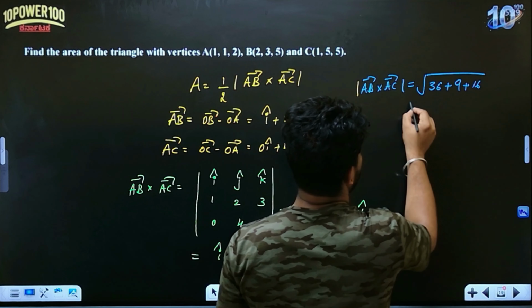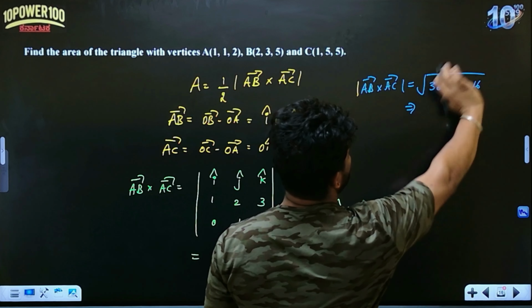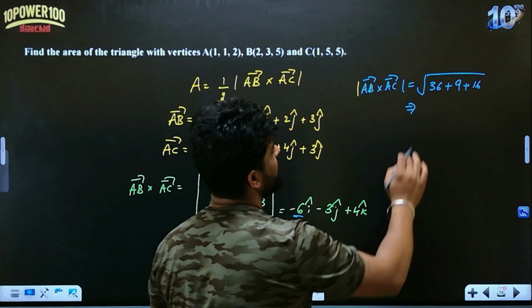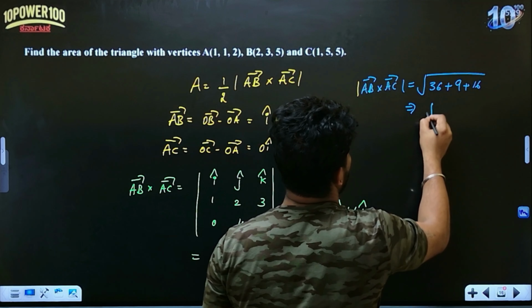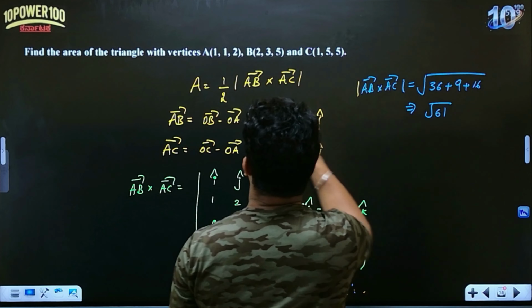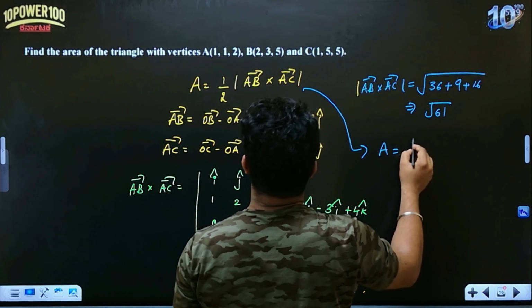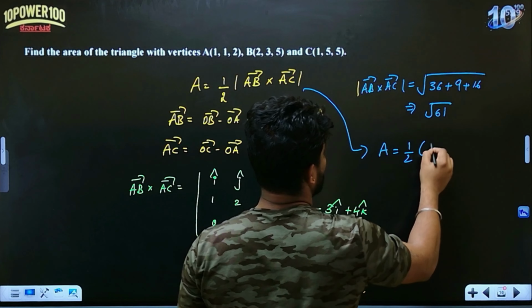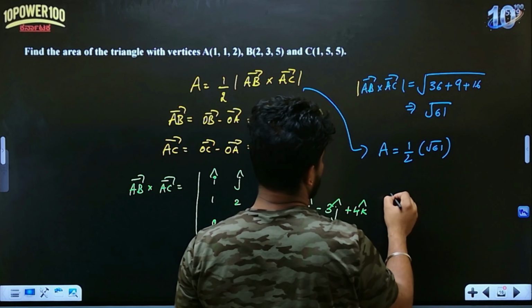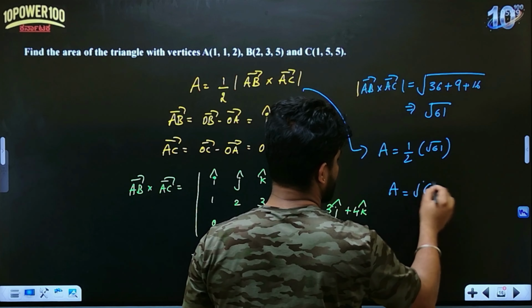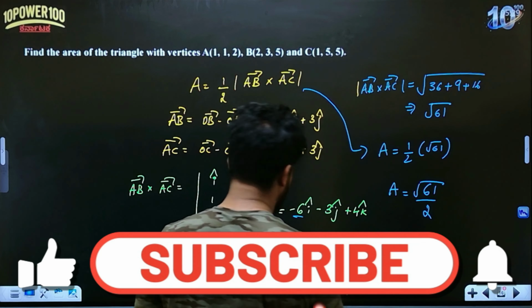So 36 plus 9 is 45, 45 plus 16 is 61. So 61. The formula is this: area is equal to half into root 61. So area is root 61 by 2, which is the final answer.